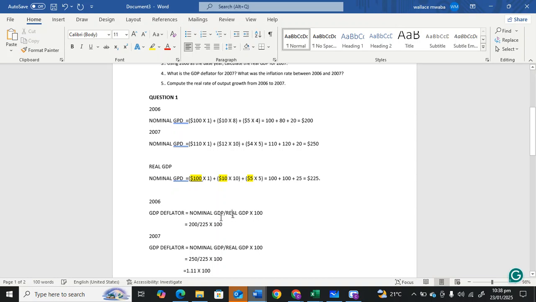The real GDP, since it's the base year, you will still use its prices. So its real GDP is going to be 200. Any questions before I move further?